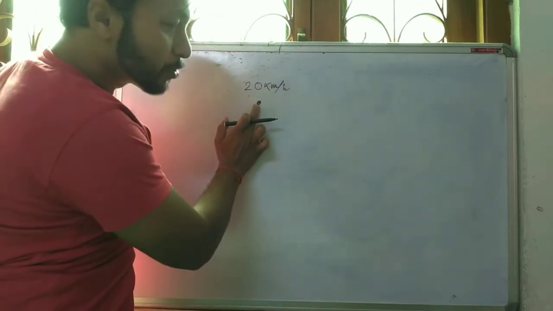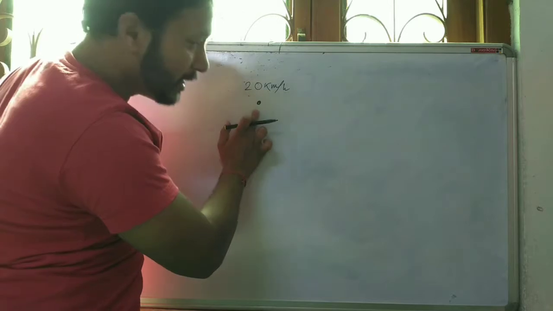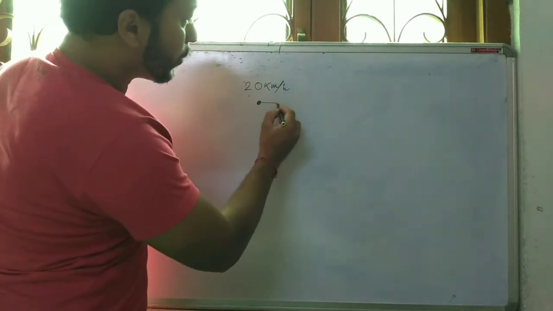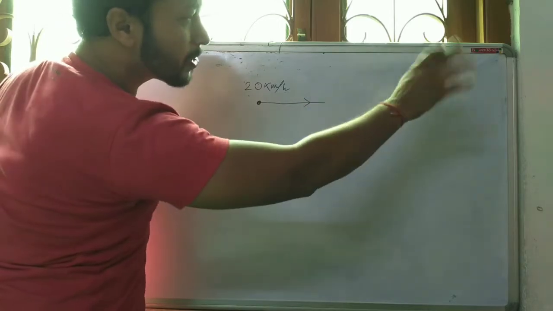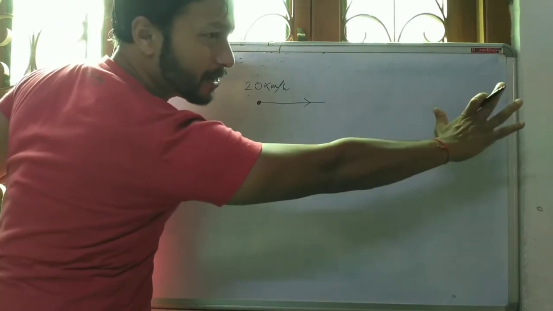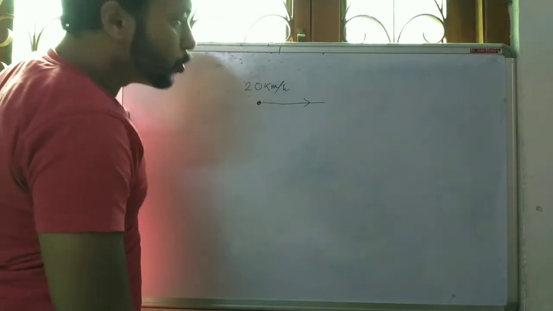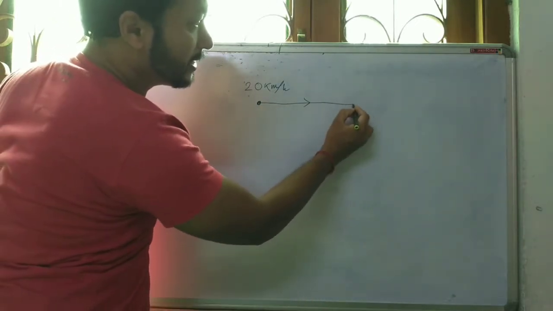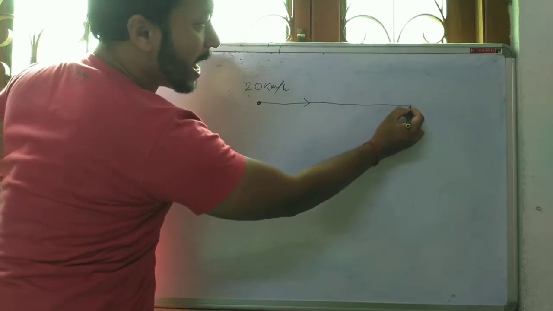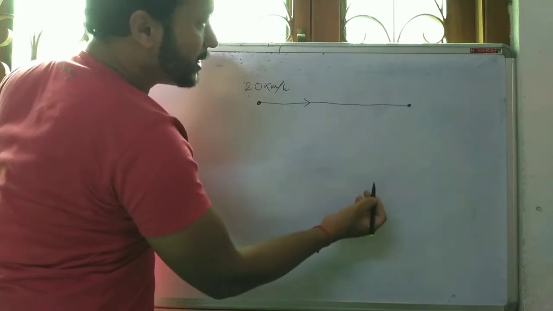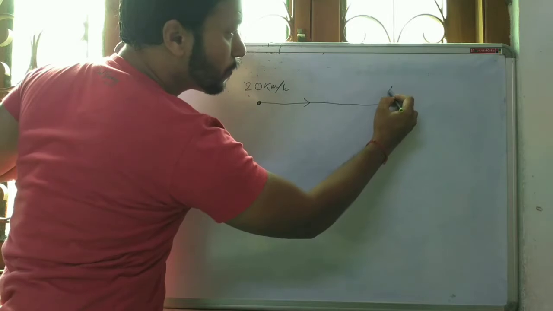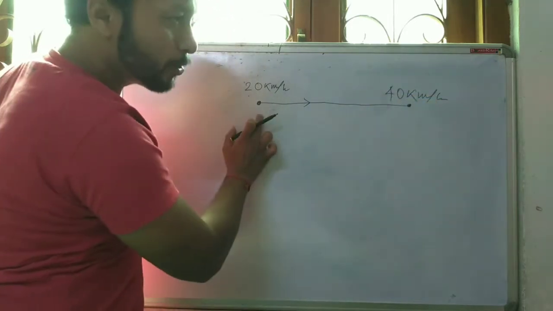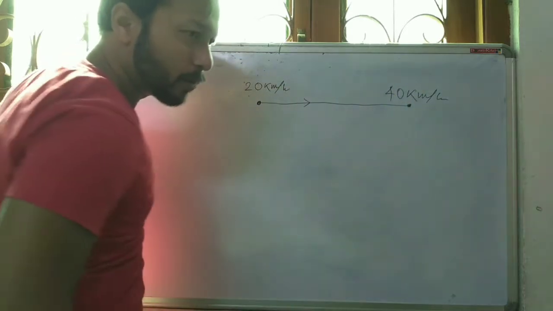You see that there is no traffic, the road is completely empty, so you have increased your speed to 40 km per hour. First it was 20 km per hour, now it is 40 km per hour.